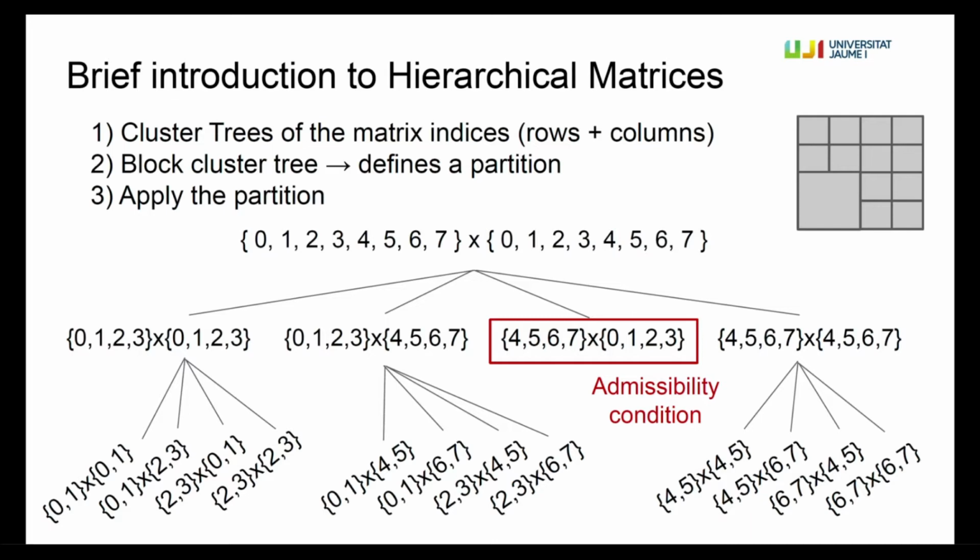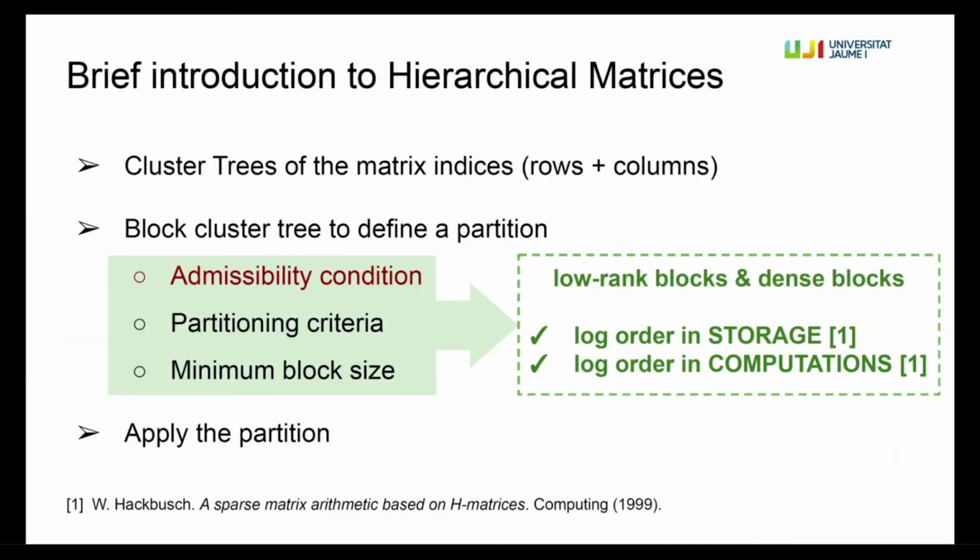This admissibility condition, when it's fulfilled, will tell us that the block in which we are evaluating the data is non-representative enough to be compressed, which means to be converted into a low-rank block. A minimum block size is also needed to stop partitioning when we reach it.